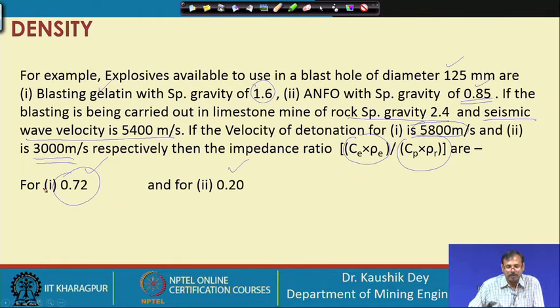So, which is much better utilization of the energy. Basically, this specific gravity dictates a lot on the energy transfer condition from the explosive to the rock mass.